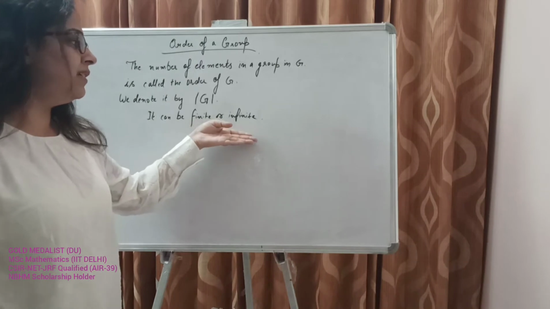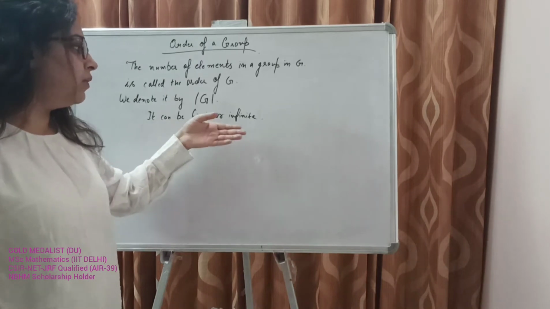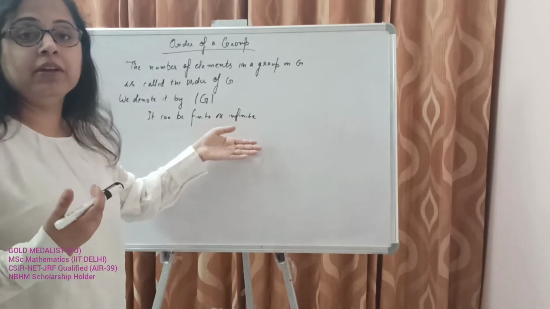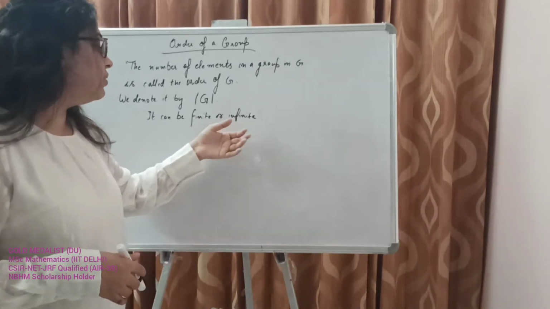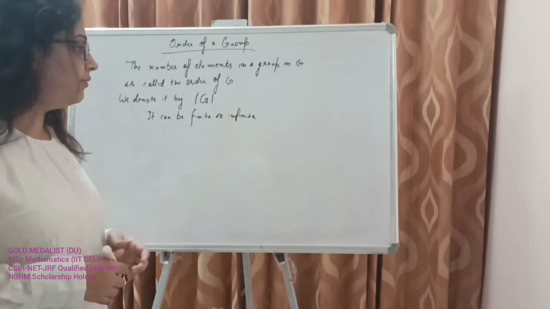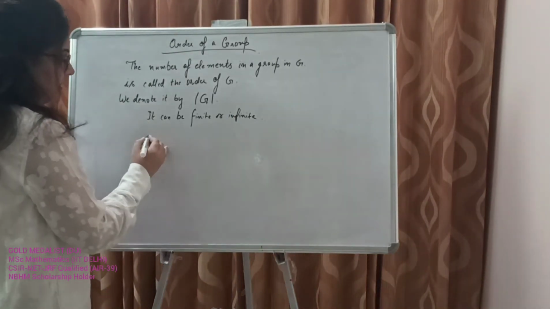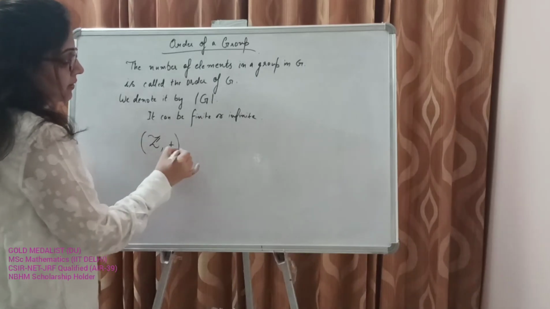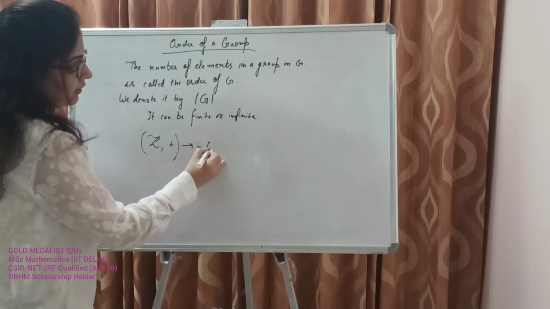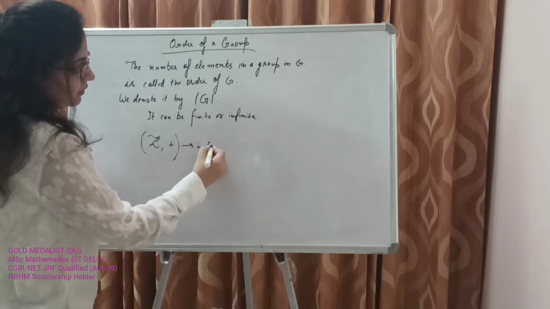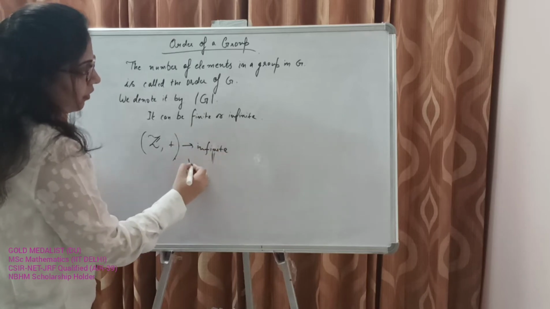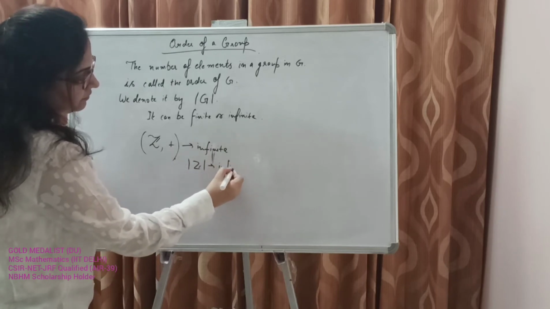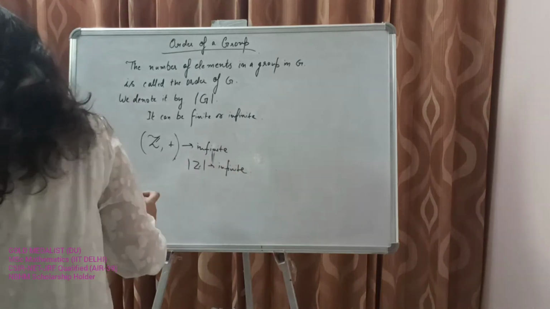Be careful while saying that a group might have a countable number of elements, but still they are infinite. For example, the set of integers is countable, but it is infinite. So the order of Z will be infinite, right?